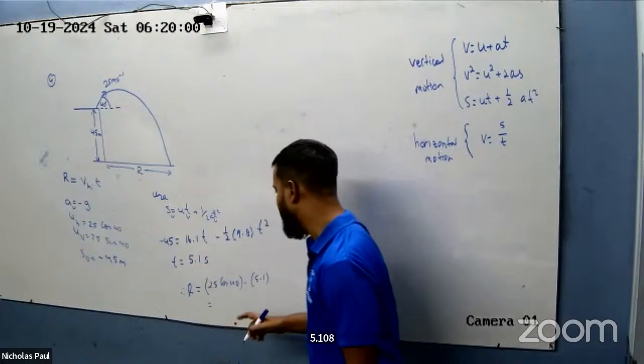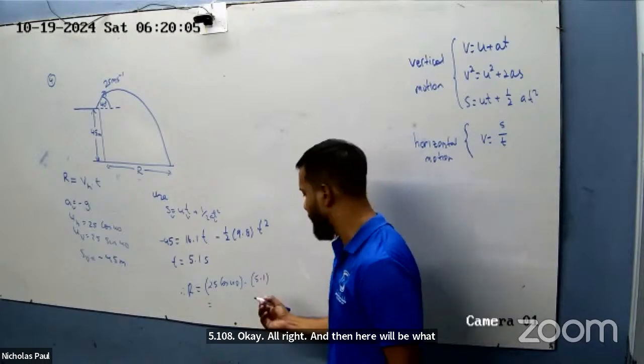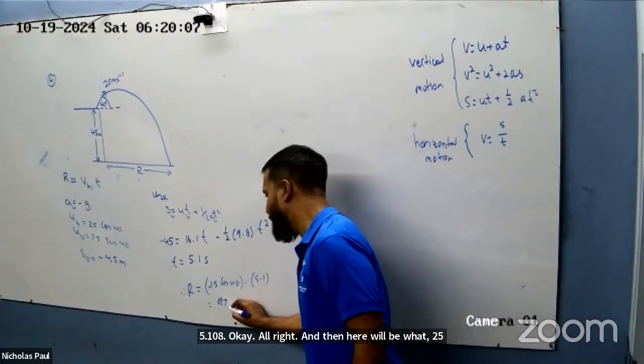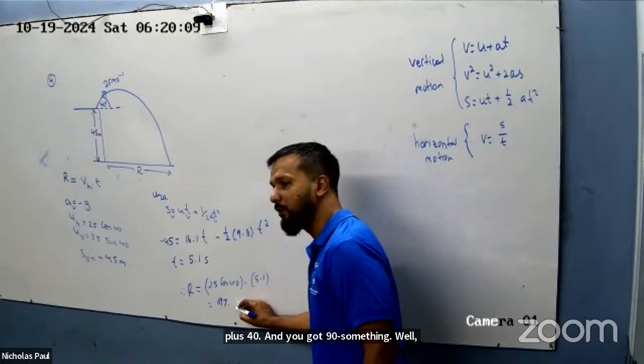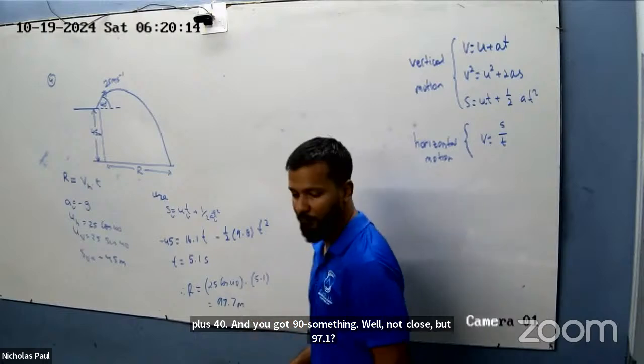Okay, all right, 5.1. And then here would be 25 cos 40, and you get 90 something. Well, it's close, 97.67. All right.